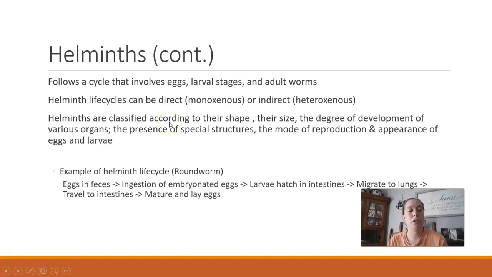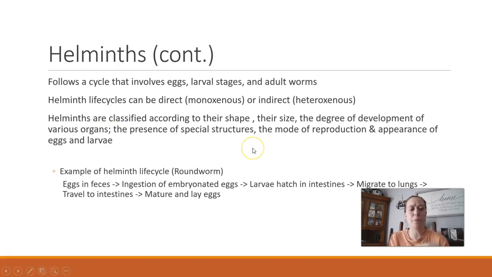All right, so we're continuing on with the helminths. They follow a cycle that involves eggs, larval stages, and adult worms. They can be direct or indirect, and they're classified according to their shape, their size, their degree of development, and various organs. We can see here a pattern, I guess you want to say. A lot of these are characterized by how they move, their appearance, how they're structurally made, stuff like that.